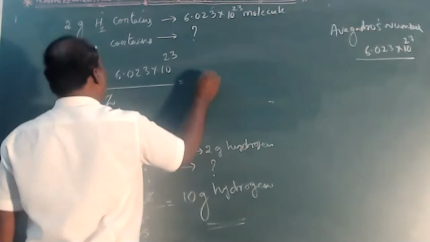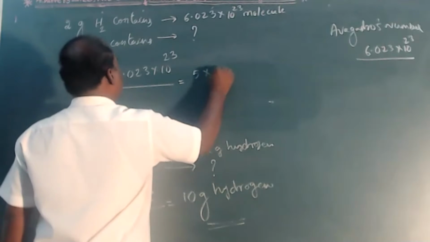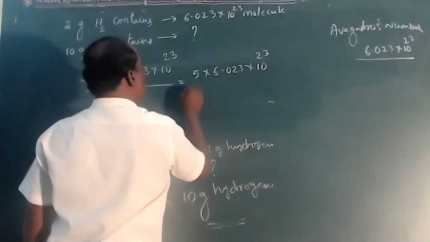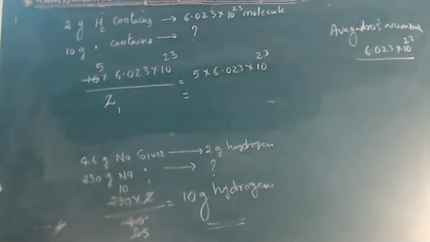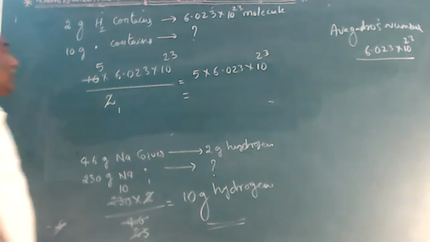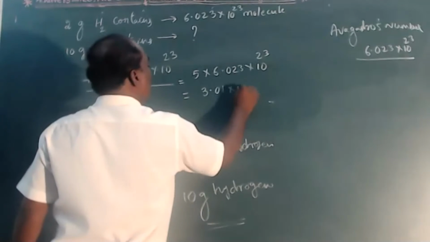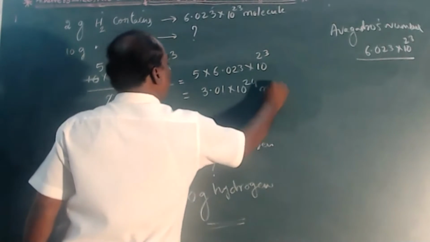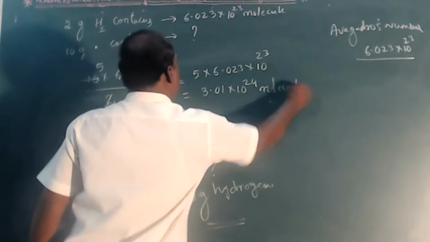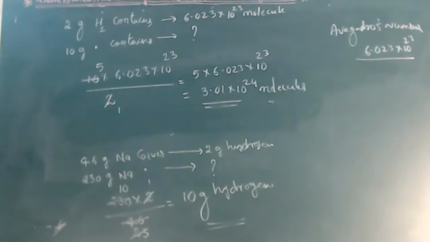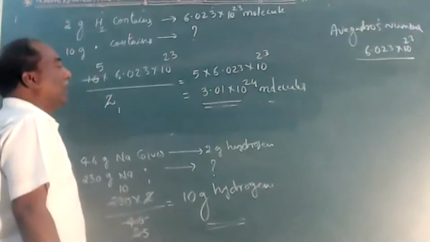That equals 5 into 6.023 into 10 to the power of 23, which is 3.01 into 10 to the power of 24 molecules. It is the second value, children.